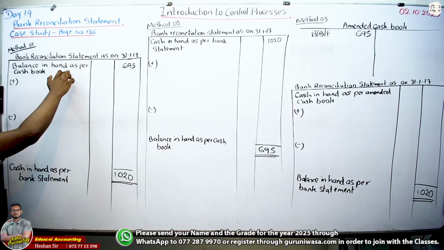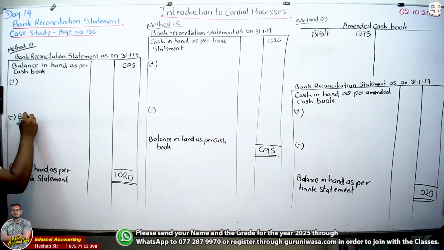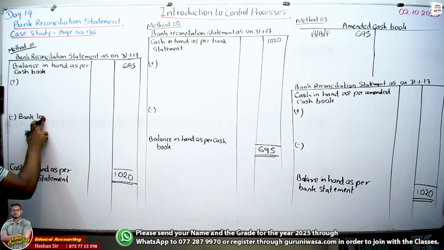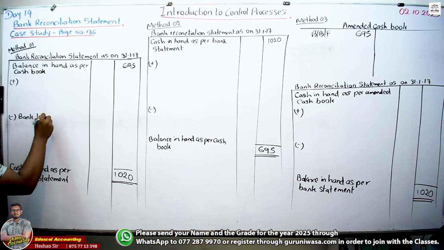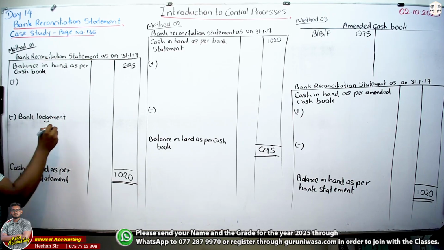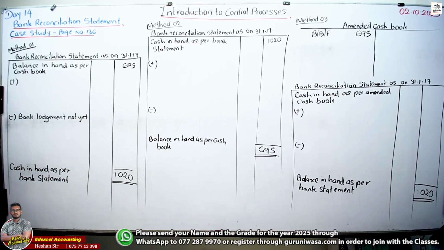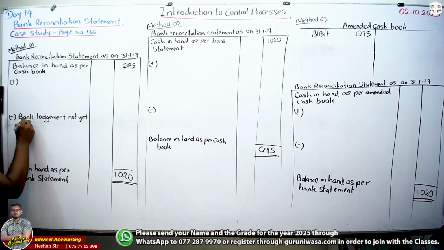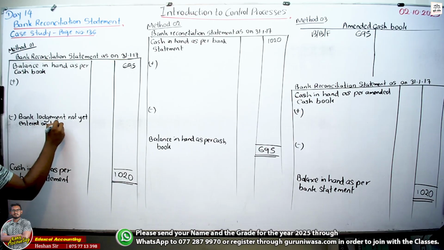So from 100 to take 90, we need to deduct it. So we entered bank lodgement not yet entered on bank statement.